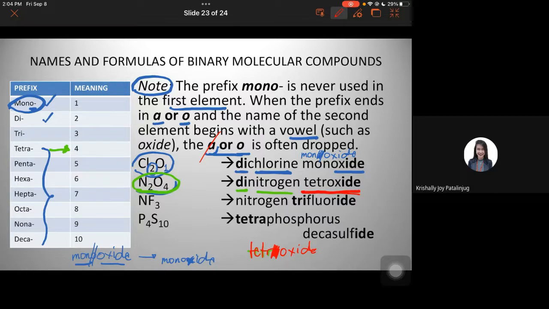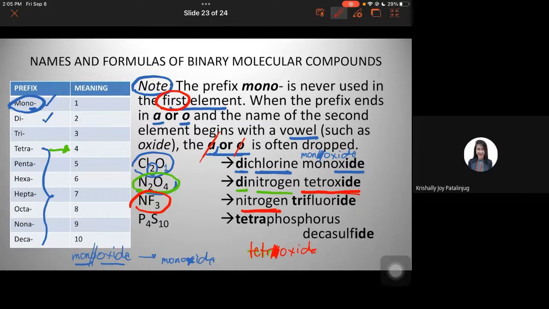So please take note of this important note. Whenever you encounter a prefix ending in A or O, and the following name of the second element starts with a vowel, you have to drop the letter A or O from that prefix. Then we have NF3. This is nitrogen. Do not use mono for the first element.